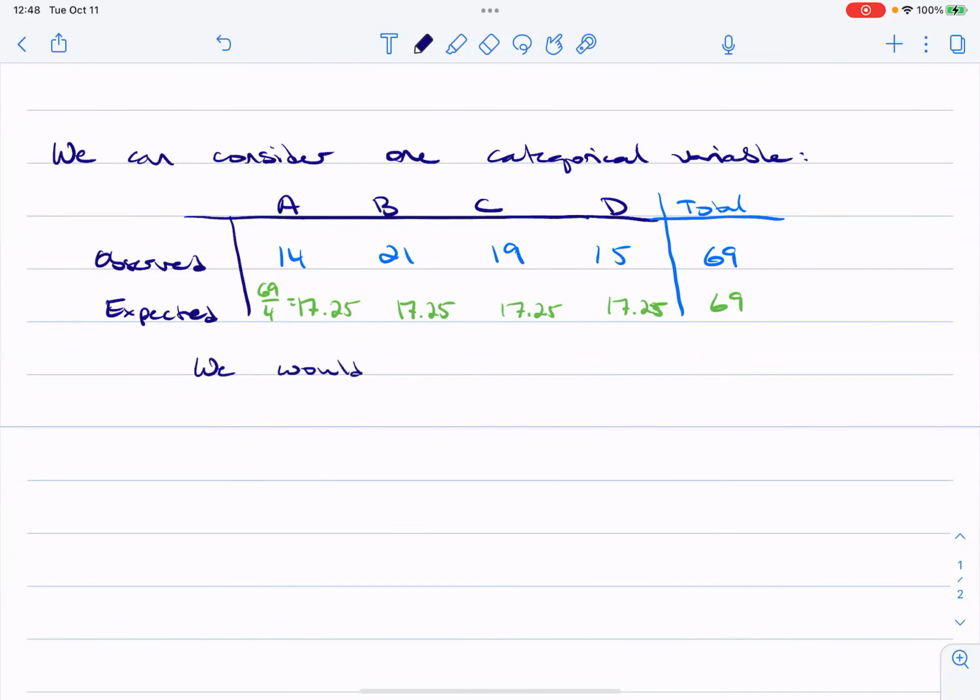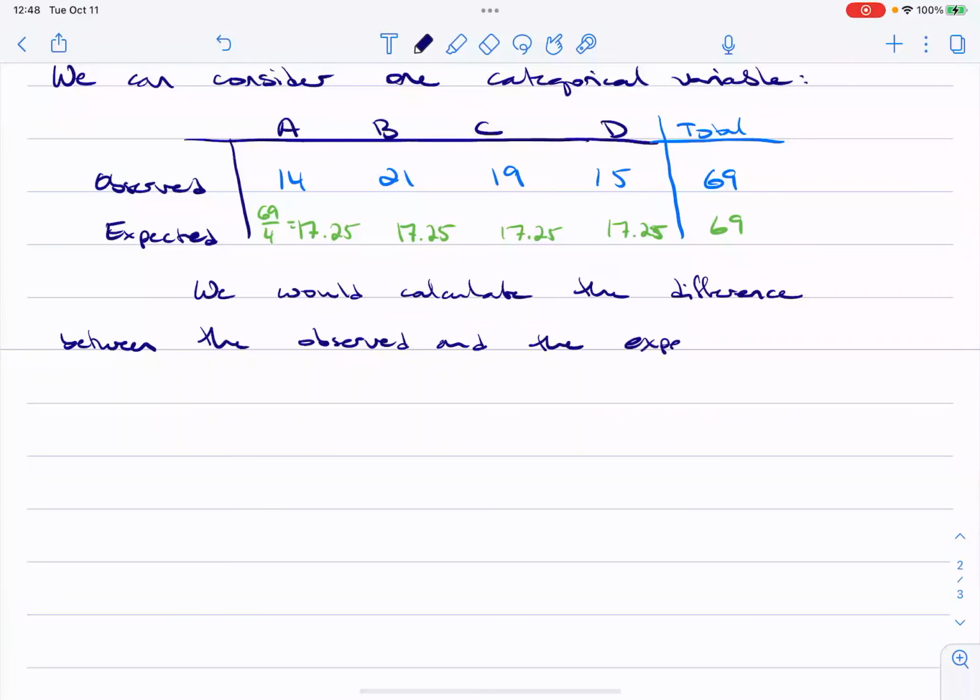We would calculate the difference between the observed and the expected counts, so then we would have your observed minus your expected.